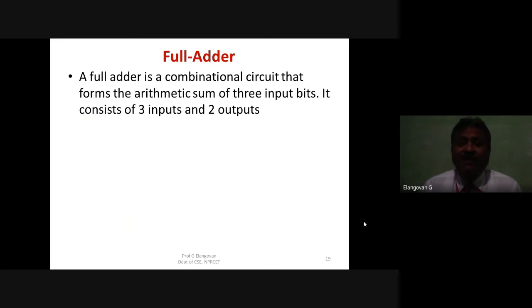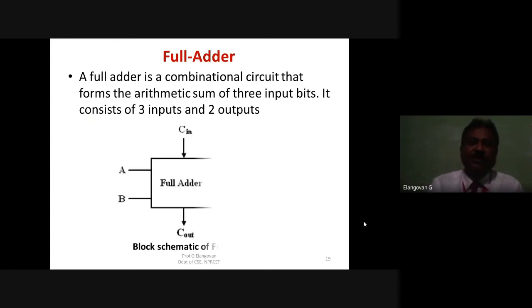So that makes the full adder. The half adder does not consider the carry generated from the lower order sum, but the full adder will consider that.